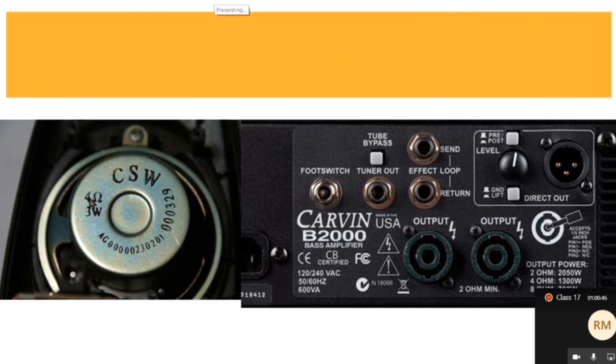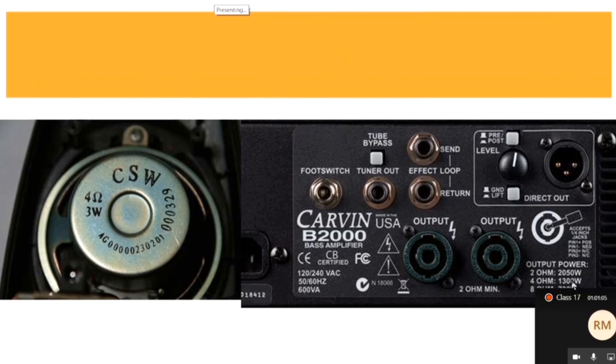Speakers have a very precise impedance. They tax electricity to this degree. Whereas a power amp, see here in the bottom right, it gives you a range. It's like here's 2 ohms, here's 4 ohms, here's 8 ohms. So you have a couple different options.